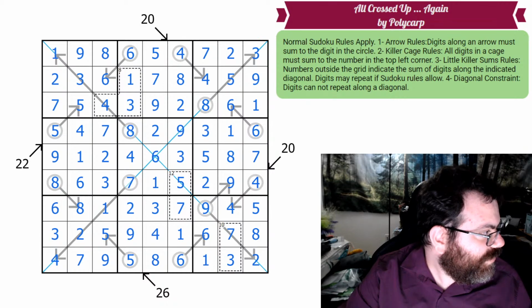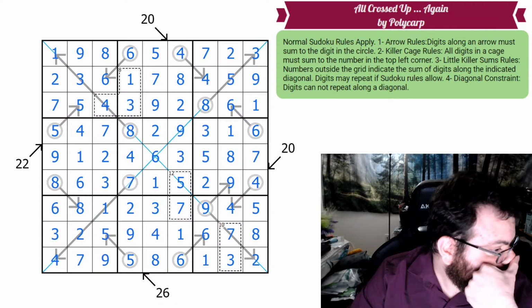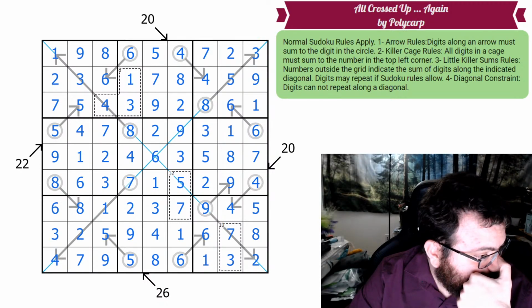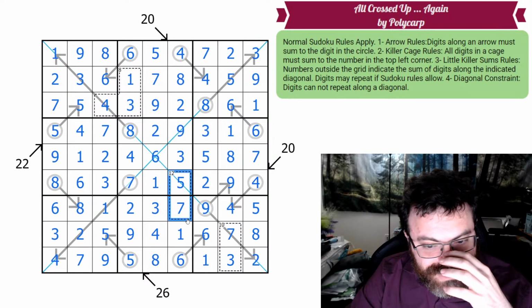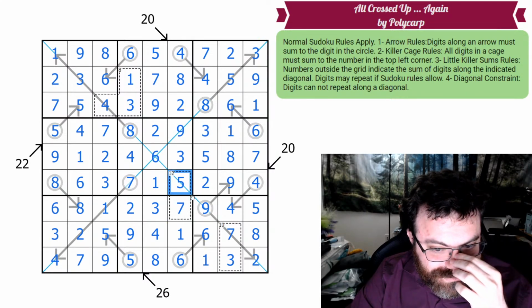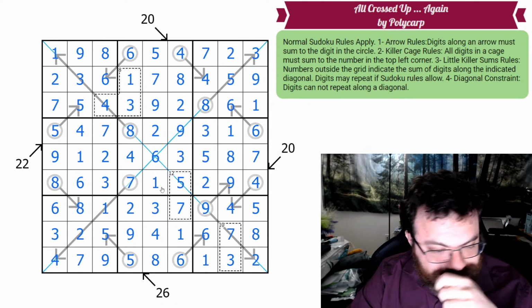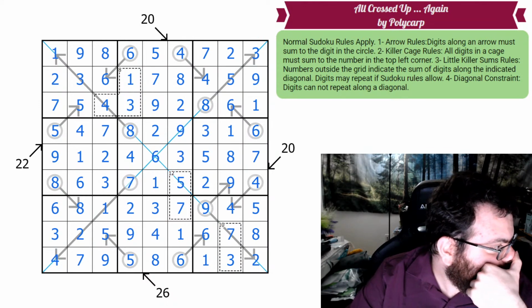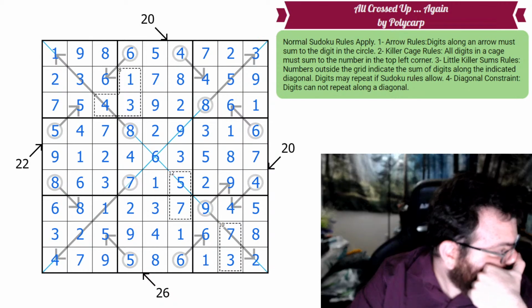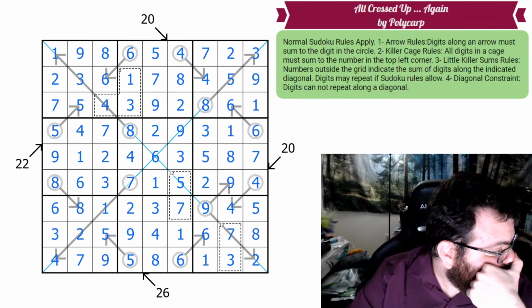Let me look at my queue. Yeah, the 12 cage blocks it, but I don't understand how that works. Interesting though. I don't know how to approach that in a more direct way. All right, we'll do Lucy's puzzle then.